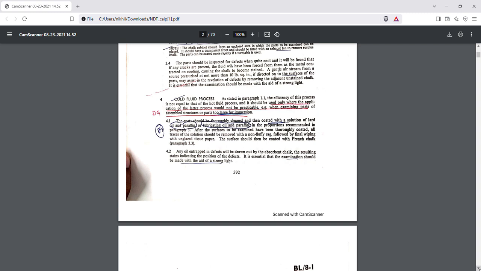The surface should then be coated with French chalk. Any oil trapped in a defect will be drawn out by the absorbent chalk, the resulting stain indicating the position of the defect. It is essential that the examination should be made with a strong light.